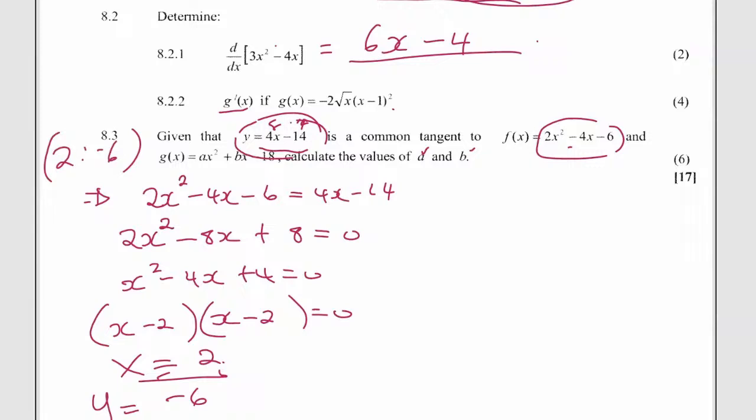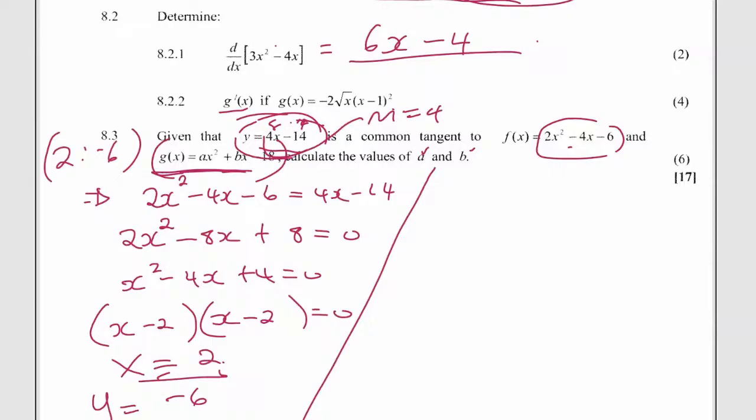Okay. And then let me go down to this graph of g. At the point of meeting, the gradient of this graph should be the same as the gradient of this. And the gradient here is 4. Meaning that let's get the first derivative here and then equate it to 4.